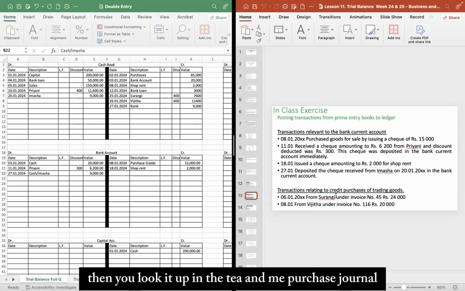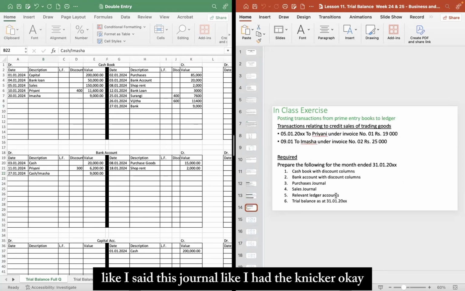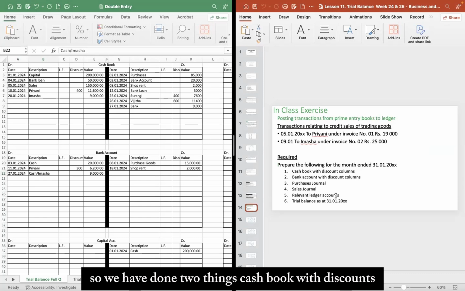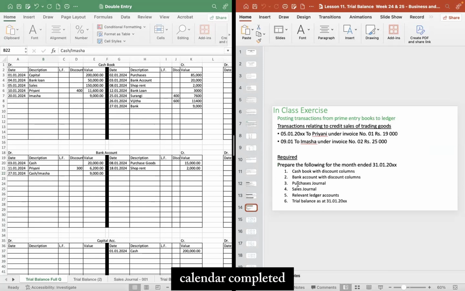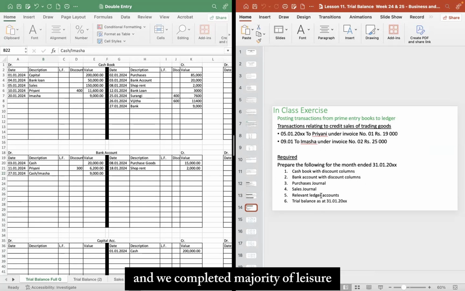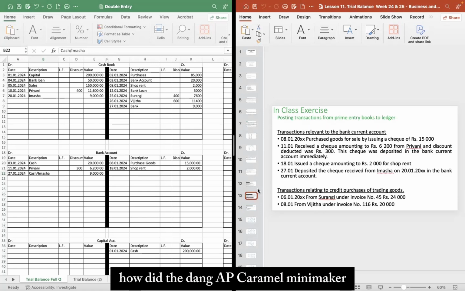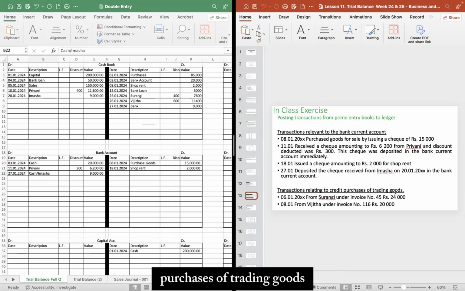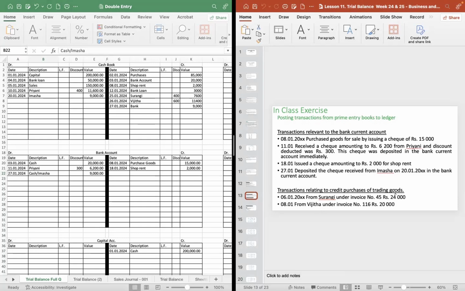Next, we have to prepare the purchases journal and the sales journal. So we have done two things. Cash book with discounts column we completed, bank account with discounts column we completed, and we completed the majority of the relevant ledger accounts. Now let's do this. Transactions relating to credit purchases of trading goods. What should we do for this? We have to prepare a purchases journal.